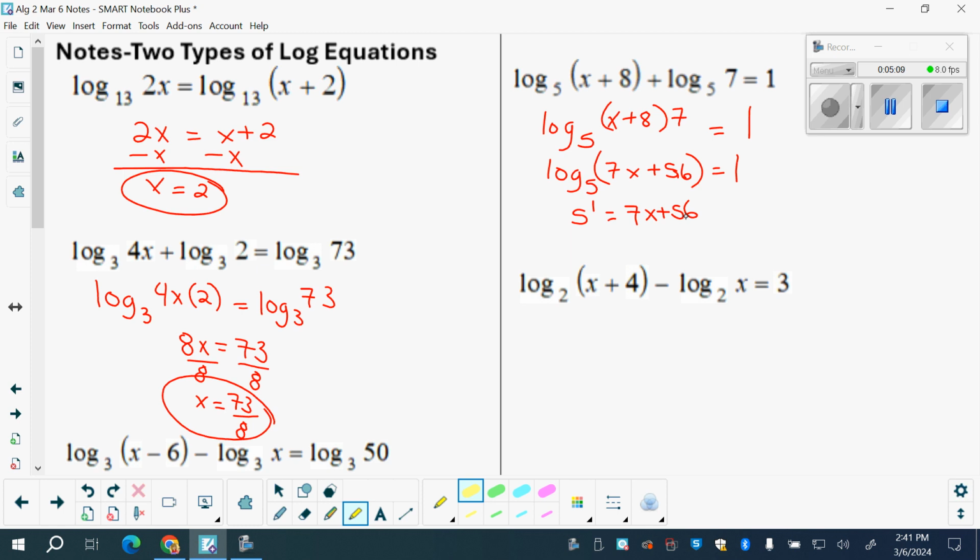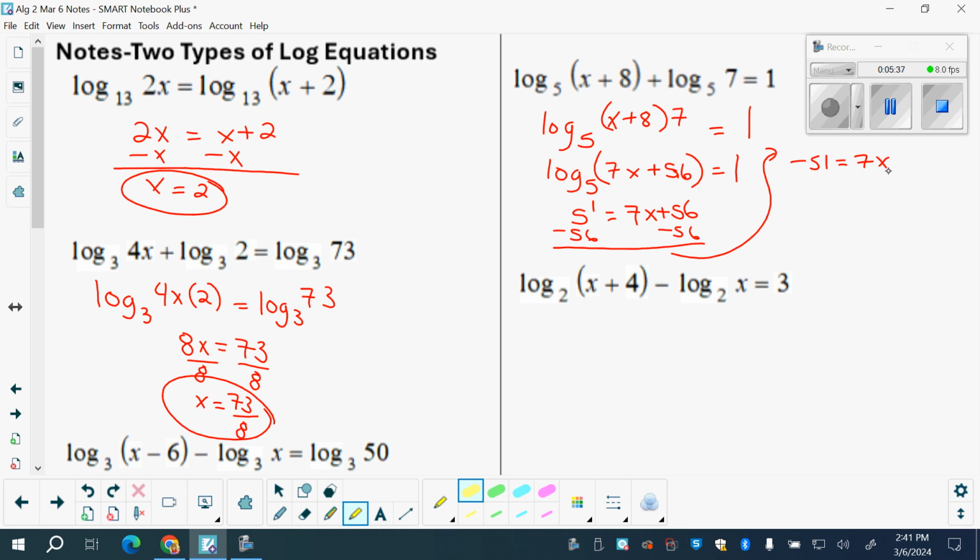So what do I do next? What do we do next to solve for x? Subtract 56. And we get negative 51 equals 7x.